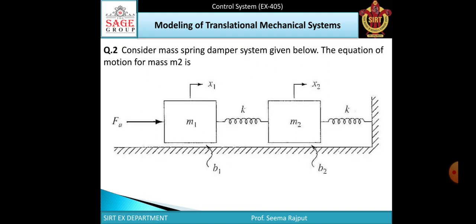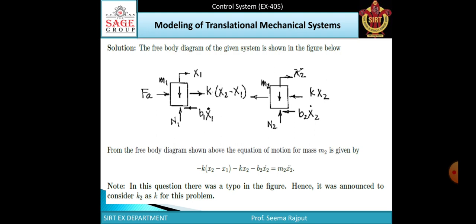So 0 equal to m2 d²x2/dt² plus k(x2 minus x1) plus k x2 plus b dx2/dt, and solve this equation in this form. So that is the solution of modeling of this system.